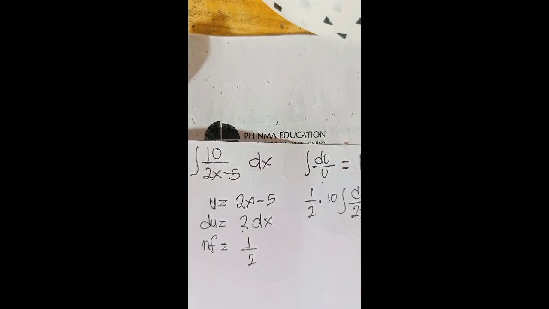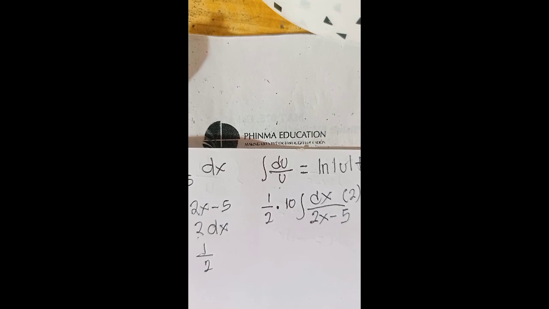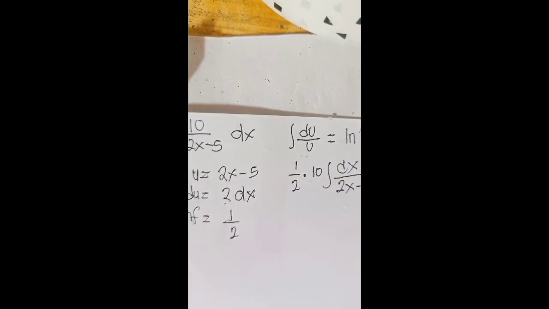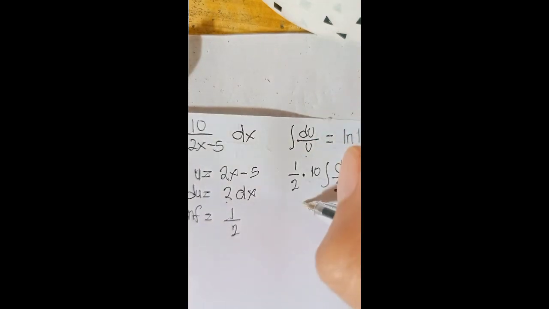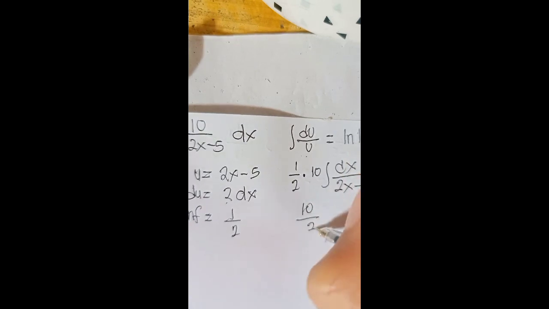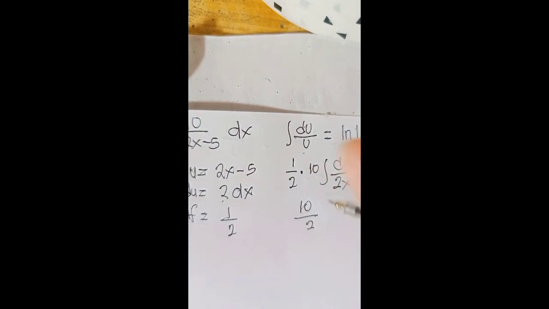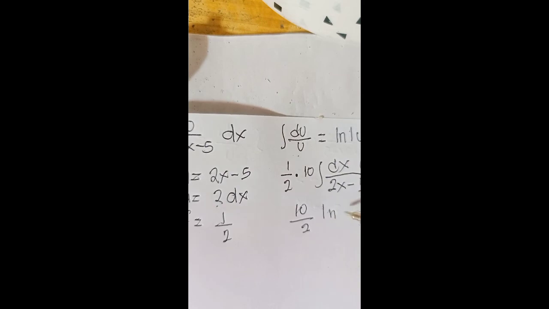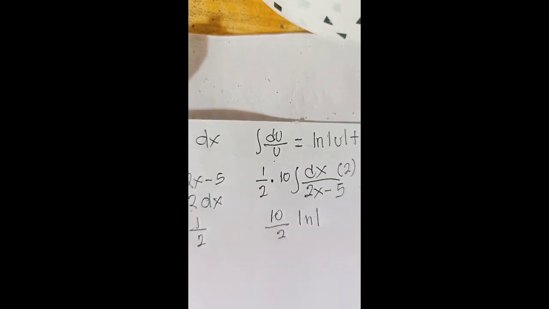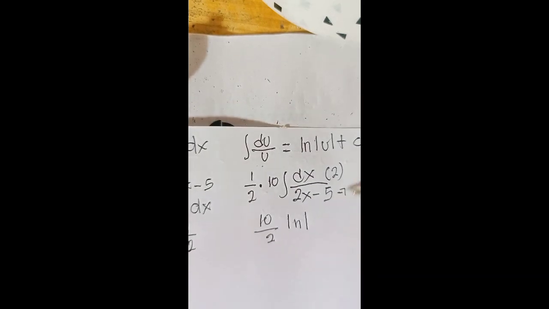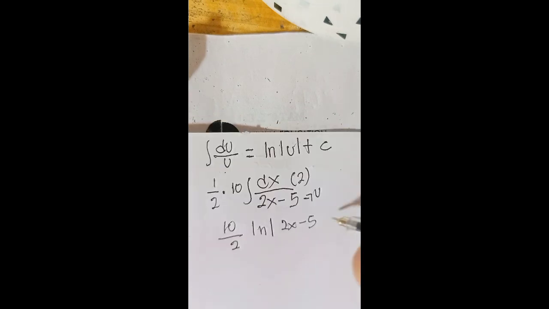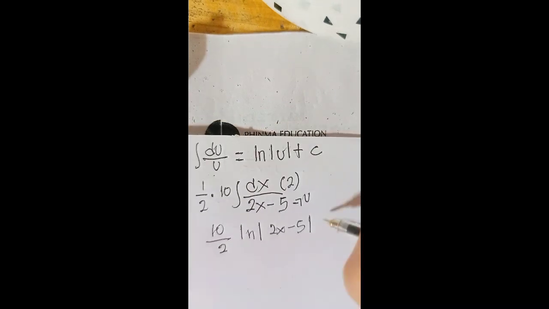So 1/2 times 2 is equal to 1, and then 1/2 times 10 is equal to 10 over 2. The natural logarithm of u, this is our u, 2x minus 5, plus our constant c.